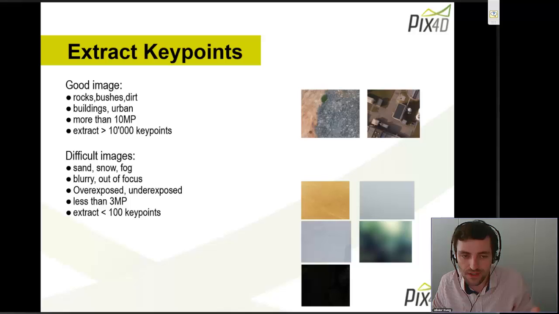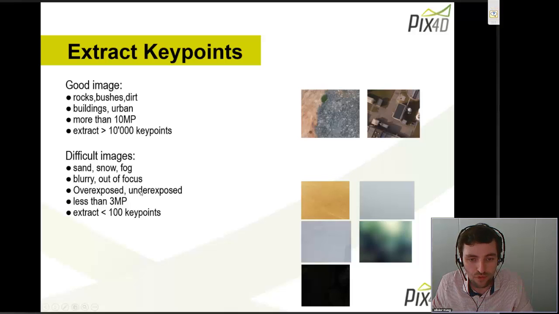What is then, in contrast, a difficult image? A difficult image would be sand, snow, fog. Basically, that's what you can see on the right, where you have very little contrast in the image, meaning very few places where a key point can be extracted. If you have blurry images, this will also have an impact, with lower accuracy and a lower number of key points.